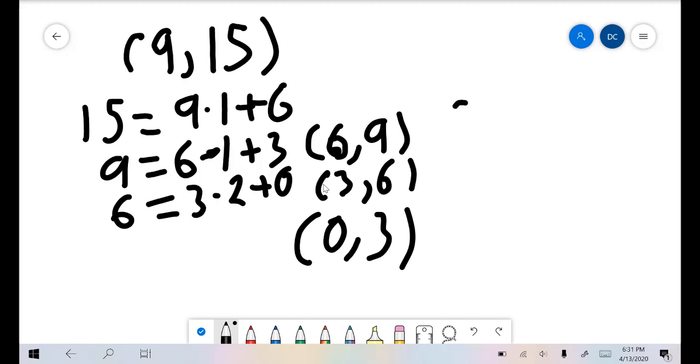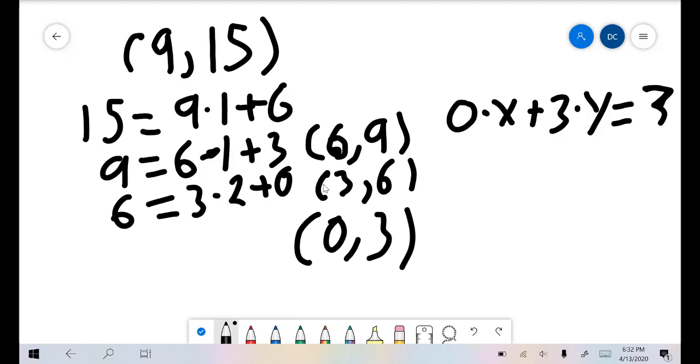Okay, so if you wanna know the values of x and y, then you have 0x plus 3y equal to 3. So what is the value of x? We don't care about it. It can be any value because it is multiplied by 0.